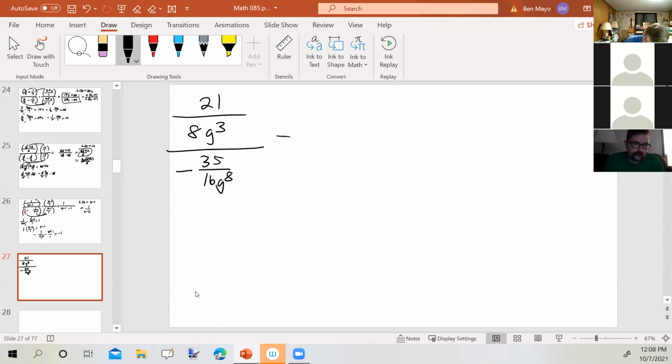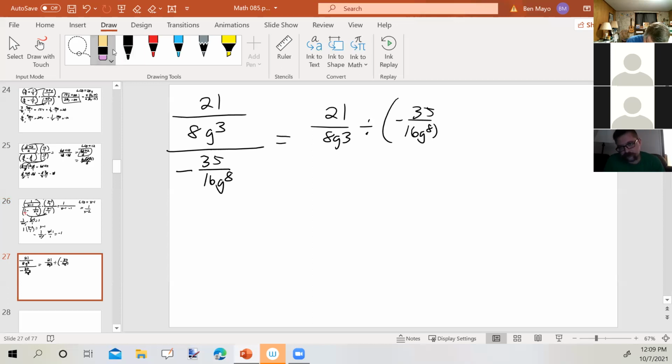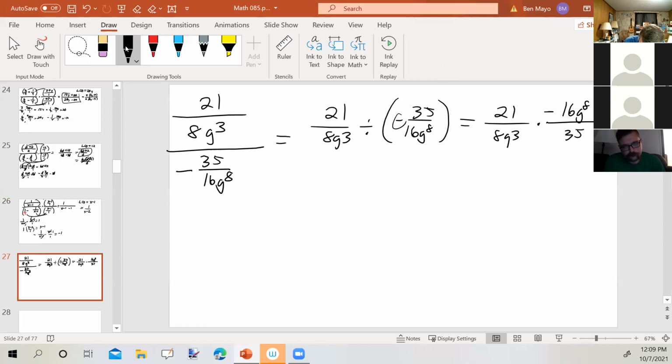So if I want, I can do it this way. Okay, and then let's put that negative up there with the numerator. And then I can go back and reduce.